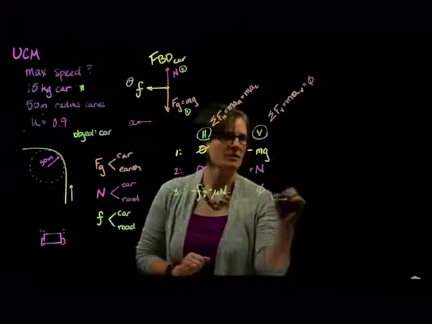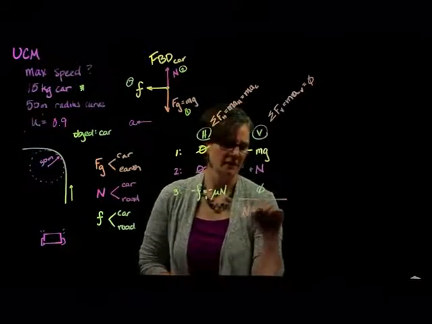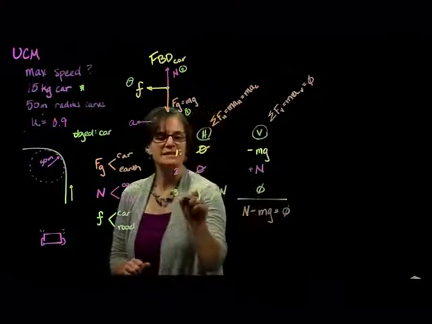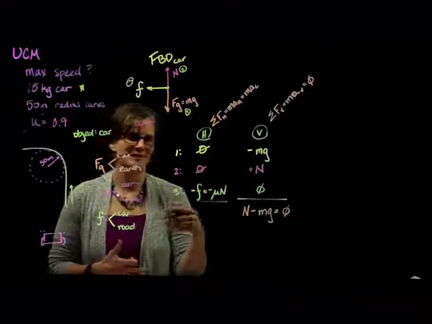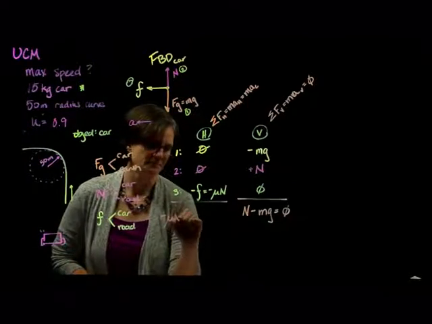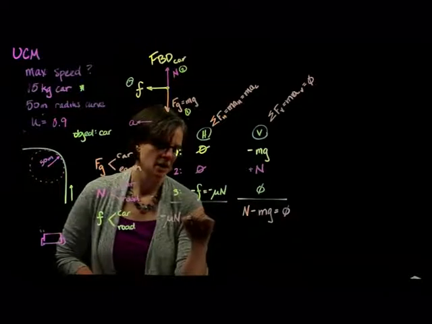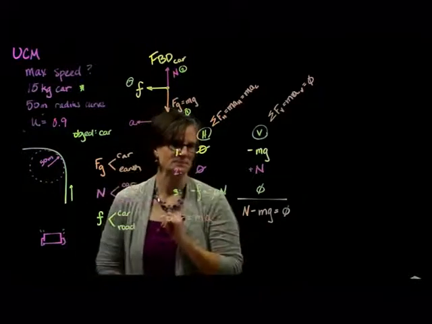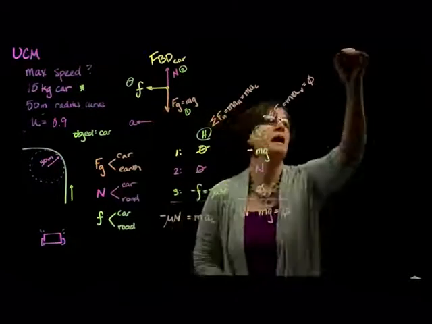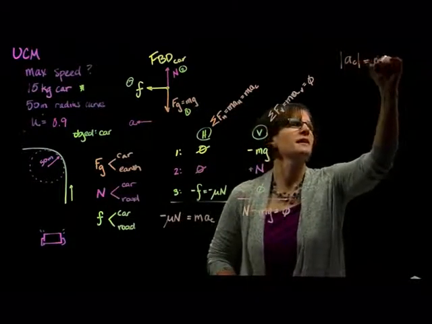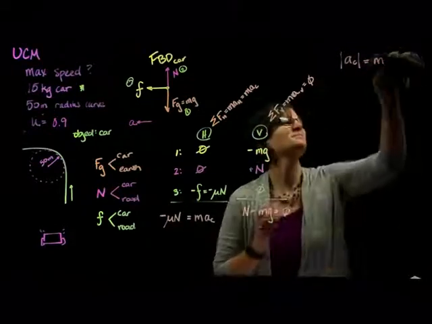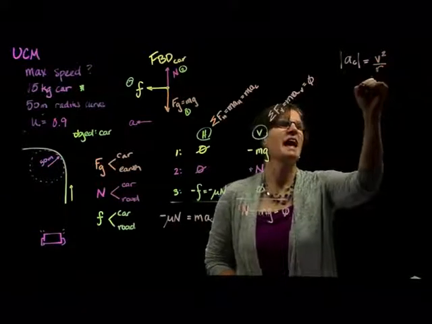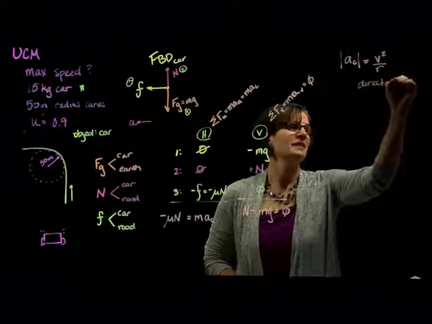So the sum of our vertical forces, N minus mg, is going to equal 0. The sum of our horizontal forces, minus mu n plus 0, is going to equal the mass times our centripetal acceleration. Now, remember, the magnitude of our centripetal acceleration is our speed squared over the radius, and the direction is towards the center.